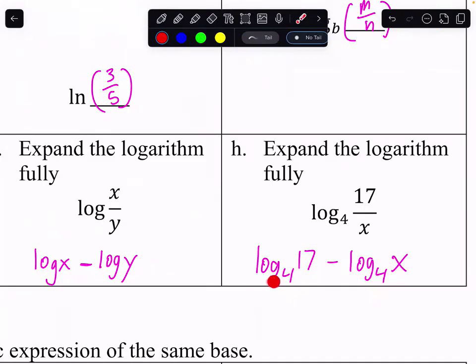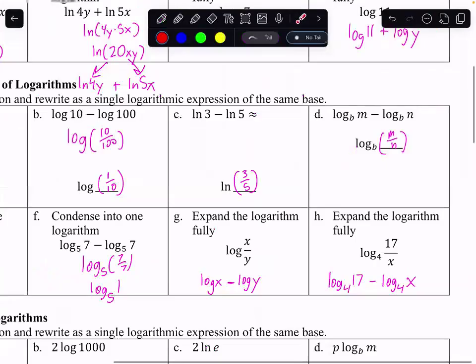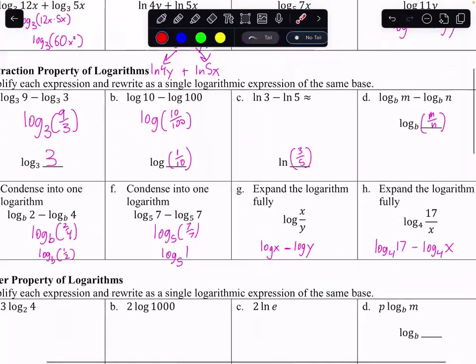If you just wrote regular log 17 minus regular log x, that would not be correct. You have to keep the same type of logarithm. Okay. So any questions about this property?